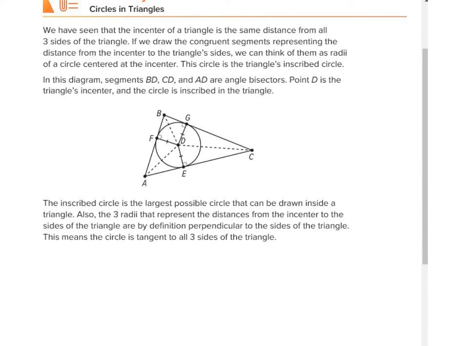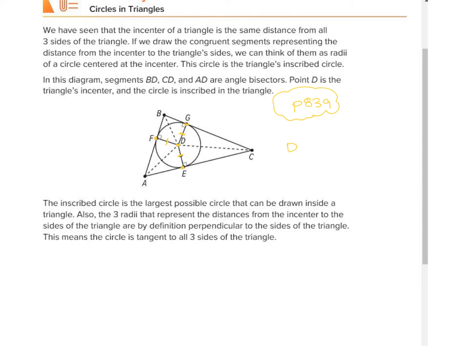This one is on page 839 of our book. And you can tell from this diagram that these distances to the sides from D are all the same. So I know D is equidistant to the sides.